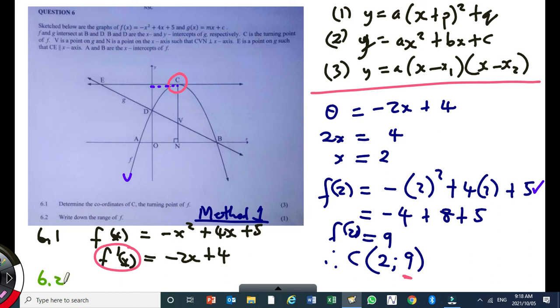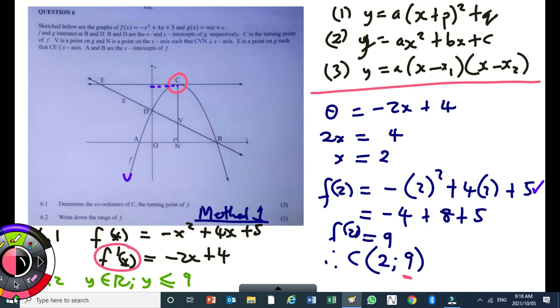Now, when you're writing, there are many ways of writing. I would prefer that you write it as y is an element of real numbers, but y is less than or equal to 9. Because the 9 is the maximum. If you decide to use brackets, then you can also write it as, the 9 is the maximum, the minimum is what? Minus infinity.